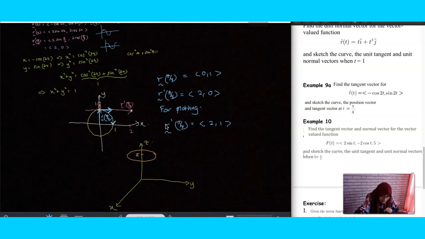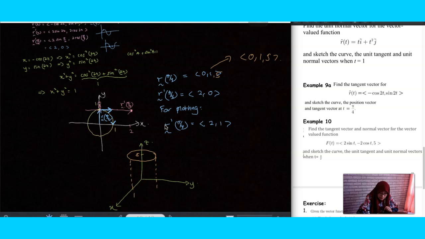About the position vector, now you have to add one more term, which is 5. So your position vector is now at 0, 1, 5. This one is 1, because we know that the circle has radius 1.